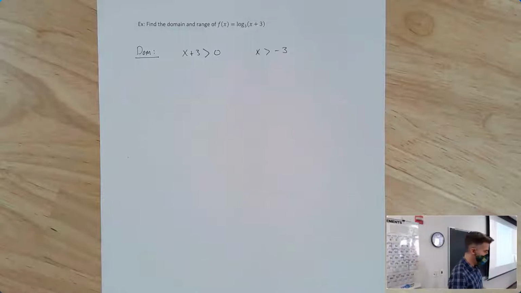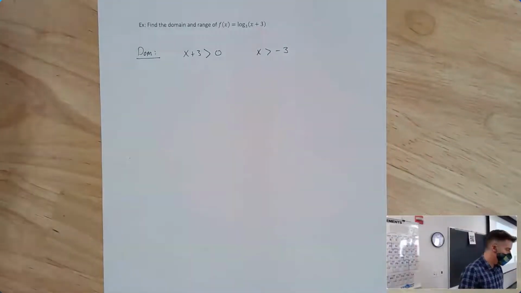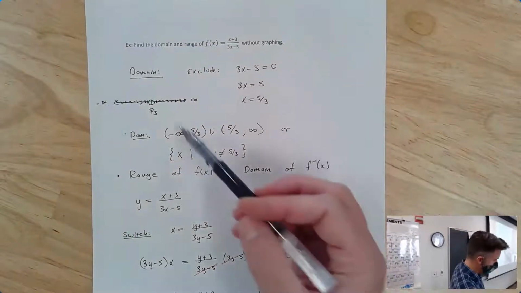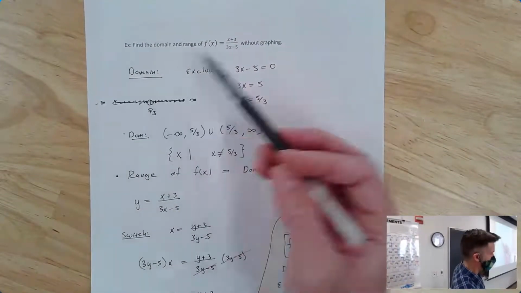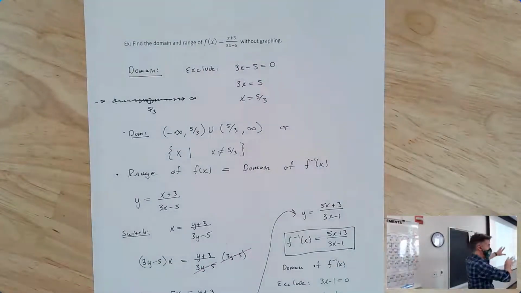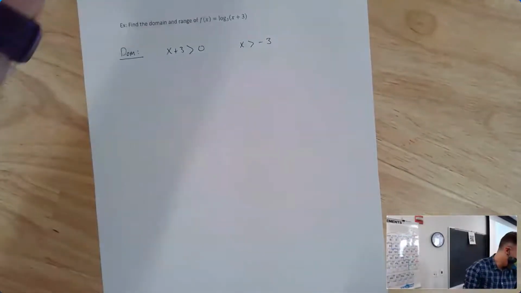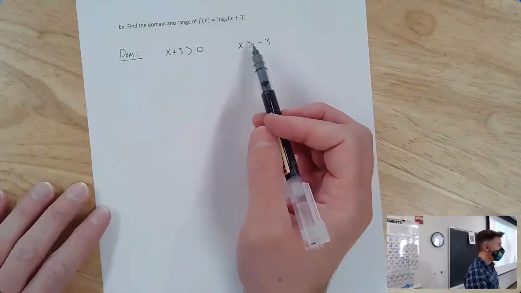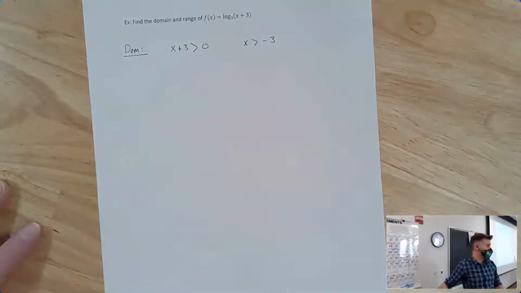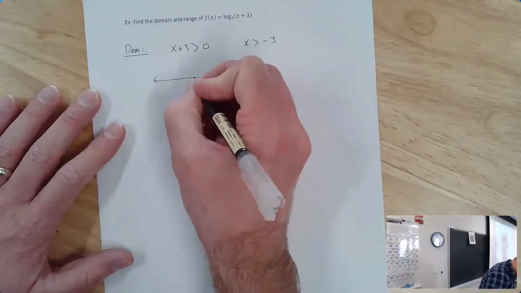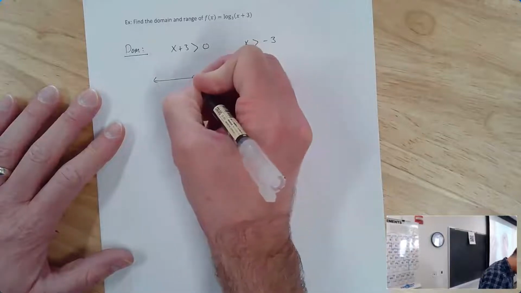Something to be careful about. When you have fractions where you're excluding just one value, you essentially get the entire number line except for that one point, or maybe a couple of points picked out here and there. But you're essentially getting the whole thing except for a tiny little bit. Whereas here, when you have a logarithm or an even root, you're typically cutting off half of the number line. So when I draw this, I want everything that's bigger than -3.